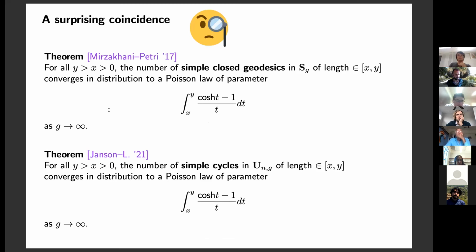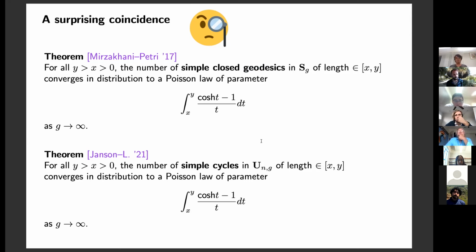So what do I mean by curves? It depends on your model. It turns out that four years ago, or a bit more maybe, Mirzakhani and Petri counted simple closed curves, and by curves here I mean geodesics, in this high genus hyperbolic surface, and they obtained, as the genus goes to infinity, convergence in distribution to a Poisson law with a certain given parameter that's written here, the integral of the hyperbolic cosine.